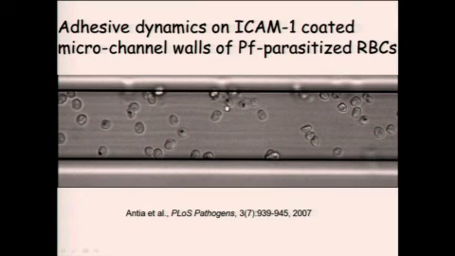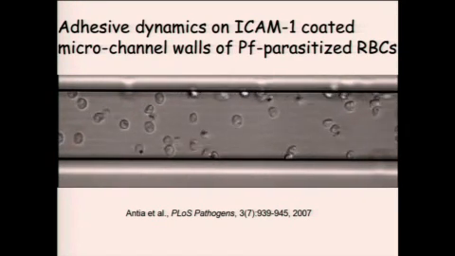Notice here there are some cells sticking to the walls. In this channel, the walls have been coated with this stuff to mimic the epithelium. And these cells that are white are the malarial cells. The other ones are normal ones. And let's see if we can get the movie to work. That's the trick.